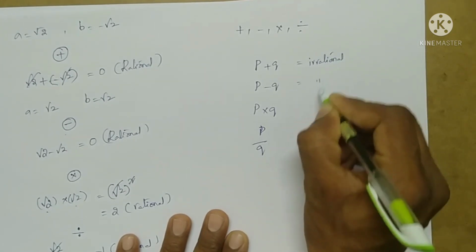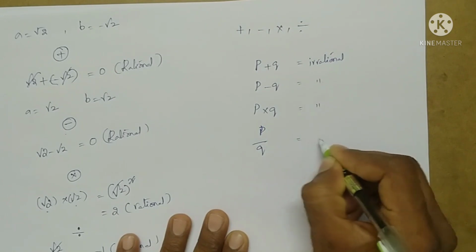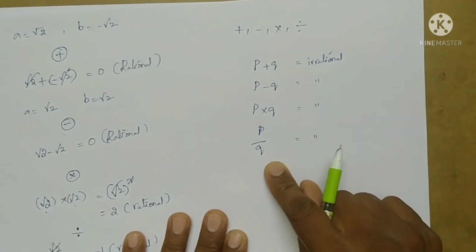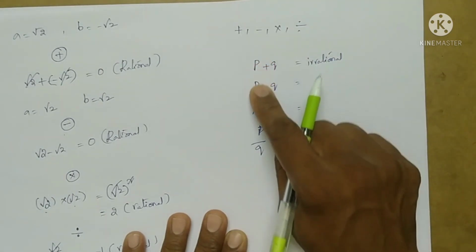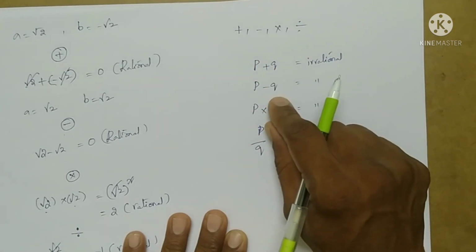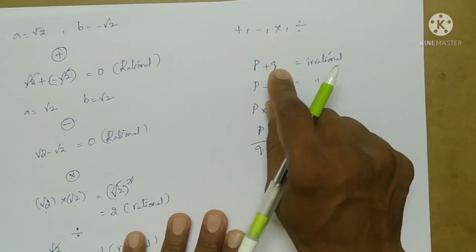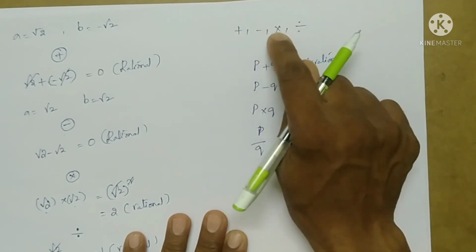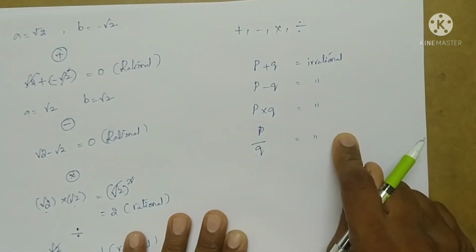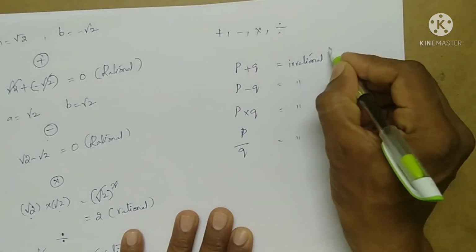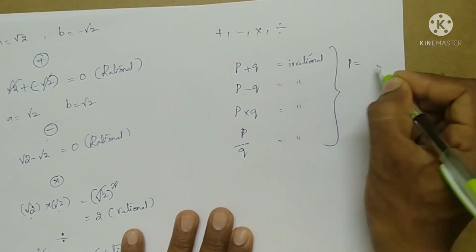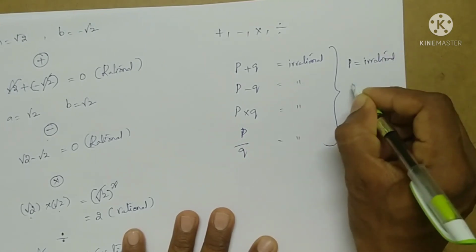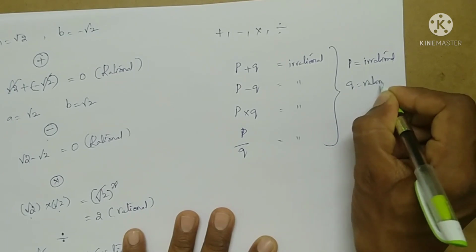Here Q is equals to rational. P is an irrational number. The combination of rational and irrationals associated with these four fundamental operations always results in an irrational number. Here P is equals to irrational, Q is equals to rational.